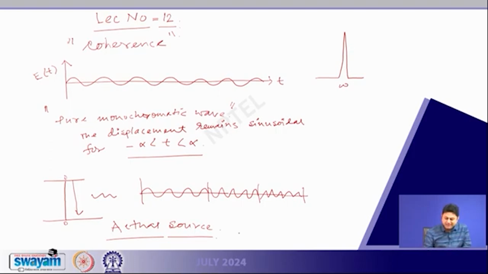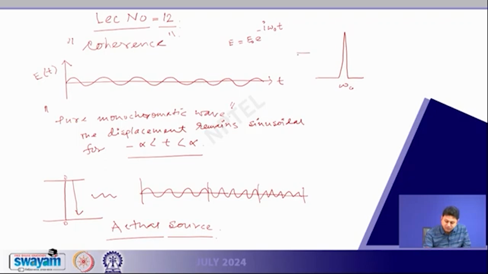Suppose the frequency of this radiation is omega naught. Then the wave we have is E equals E0 e to the power of minus i omega naught t, and there is no restriction on t, it is from minus infinity to plus infinity.